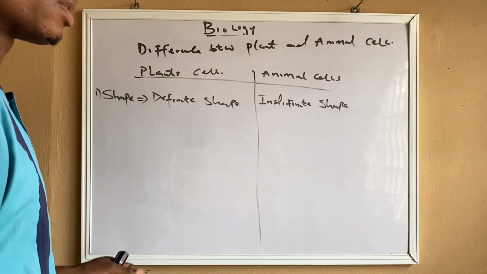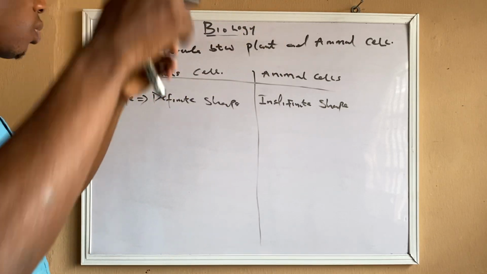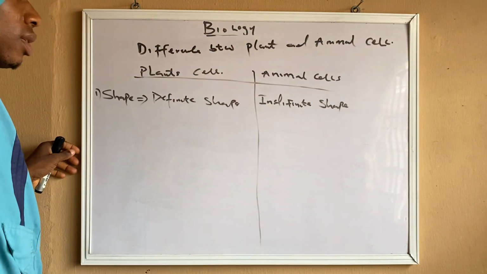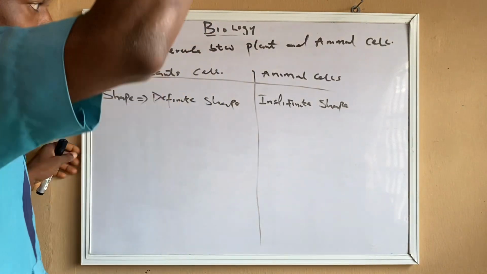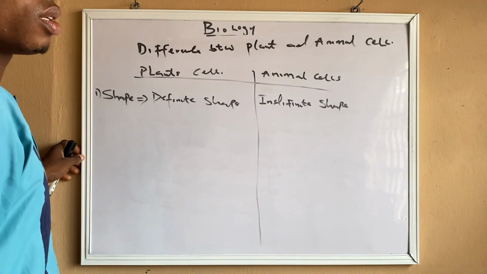Whenever there is a plant, there is a definite shape, because it gives us something like a cylinder that goes high. But in animal, the shapes are not definite.